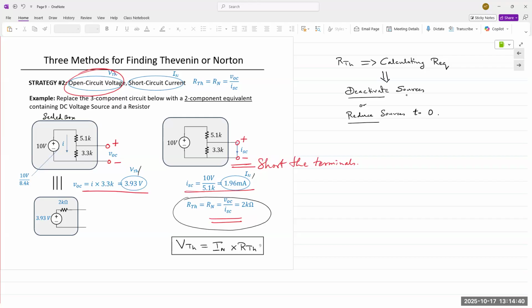What we are doing is we are removing the sources from the circuit. Every place where you have a current source, let me write it.